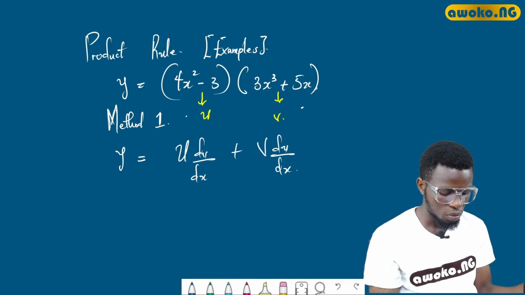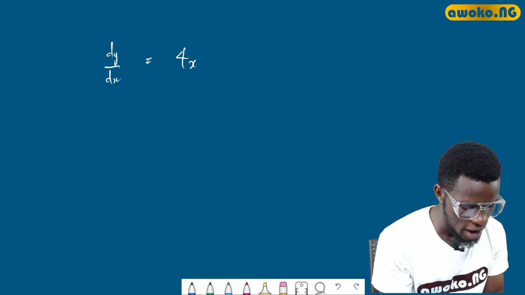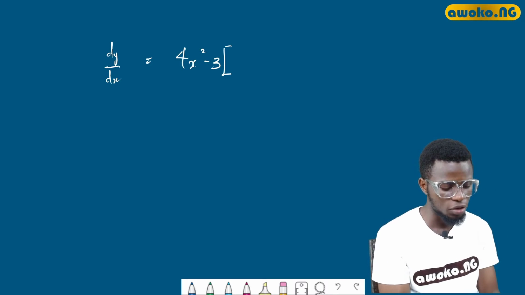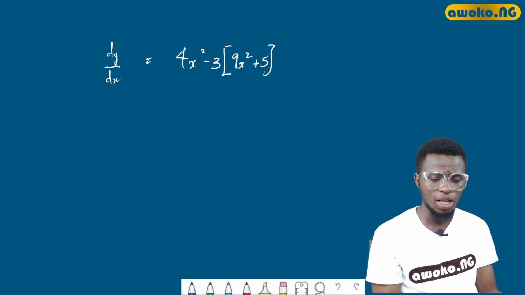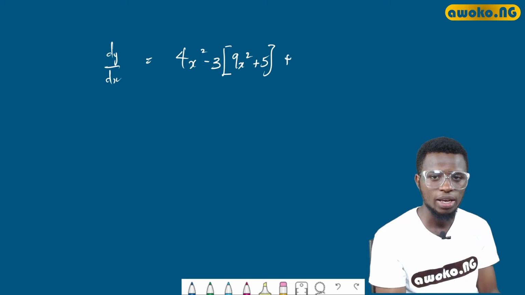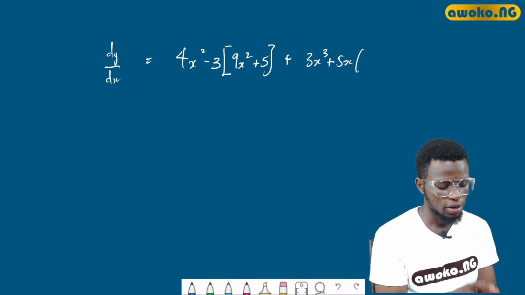To do that, we have dy/dx equal to (4x^2 - 3) times, if we differentiate v, we have (9x^2 + 5). I'm sure you know how we came about that. Plus, you make v constant, which is 3x^3 + 5x, and then differentiate u.